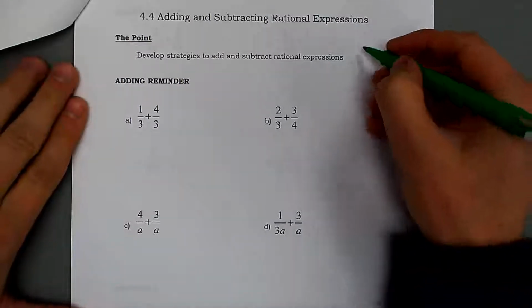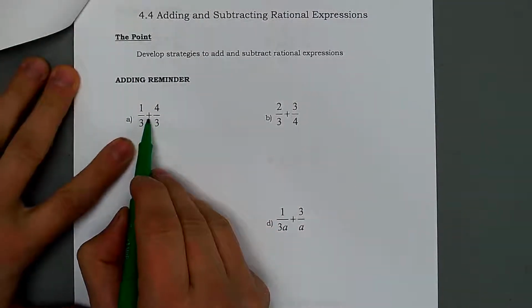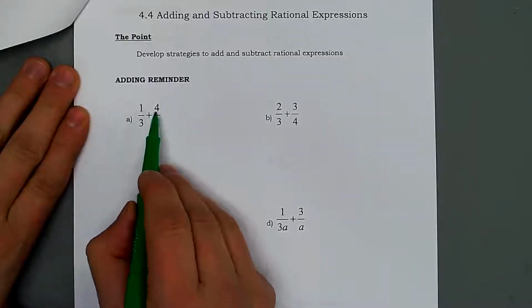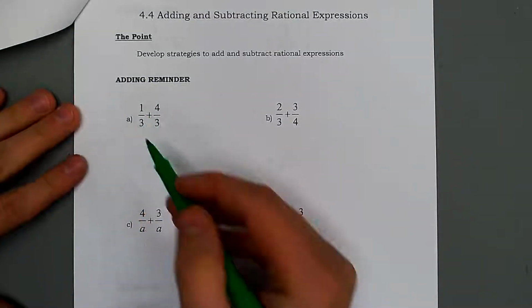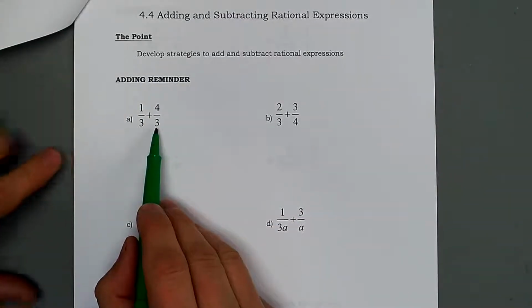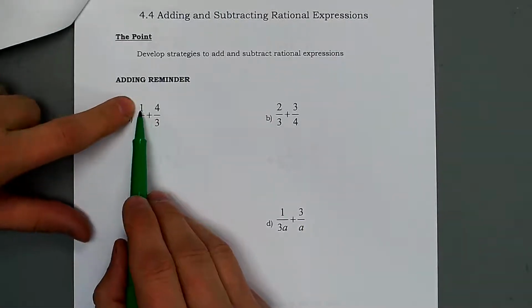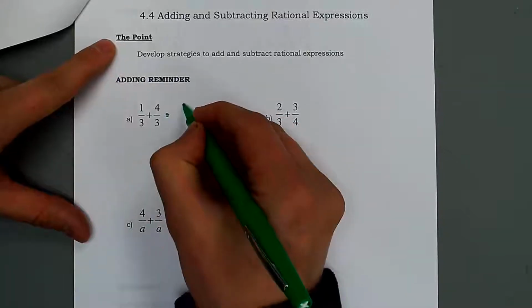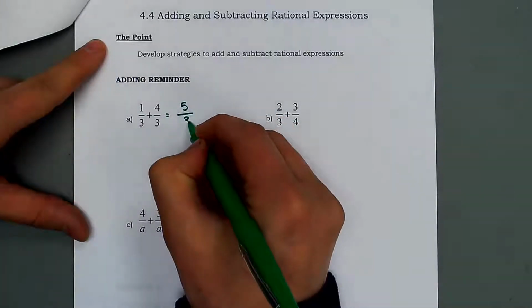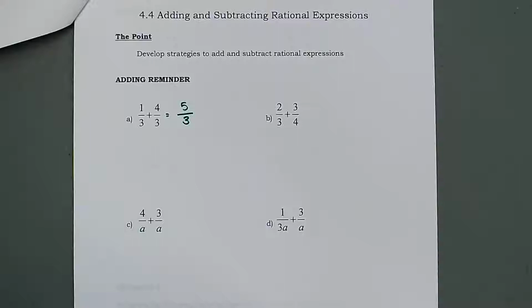Now, multiplying and dividing, if this was a multiplication sign, we would simply say 1 times 4 and 3 times 3, and we're done. Adding is a little bit more complicated because if we had a pizza broken into 3 pieces, and we added 1 piece of that size and 4 pieces of that size, we would have a total of 5 pieces of that size of a pizza broken into 3 pieces.